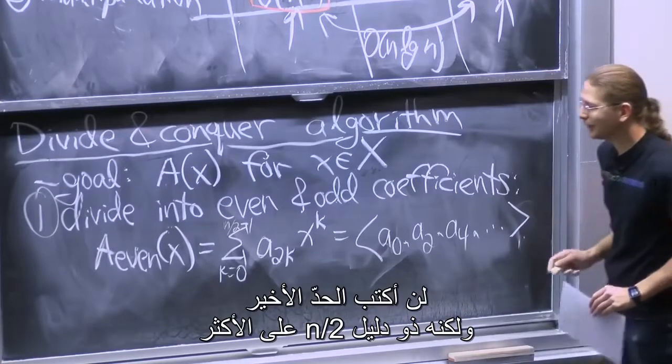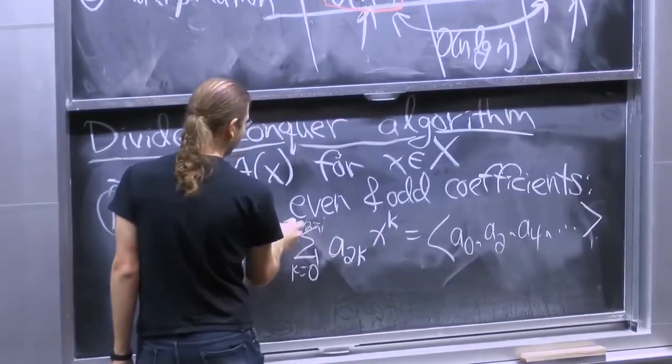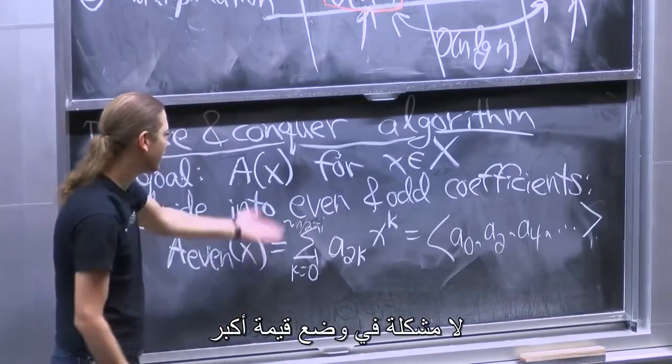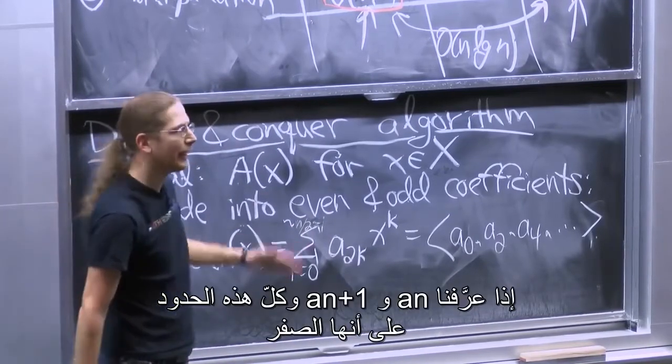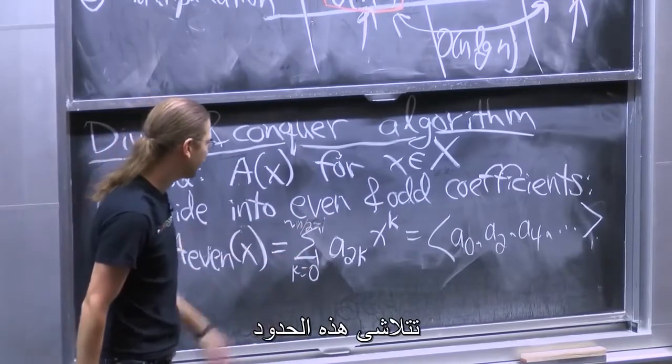I won't try to figure out what the last one is, but it's roughly n over 2. If you define a_n and a_(n+1) and all those to be 0, those terms will disappear.